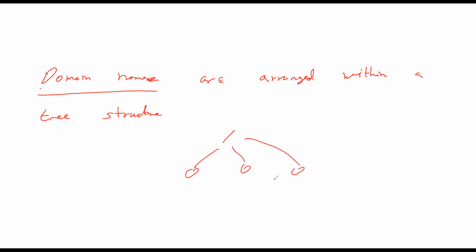Underneath the root domain are a series of top-level domains whose names take basically one of two forms. Let's imagine this is the root domain, and you have at least two groupings.